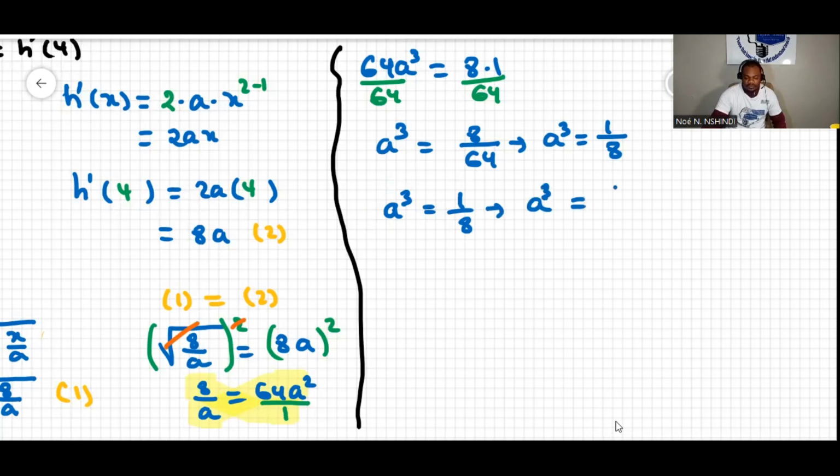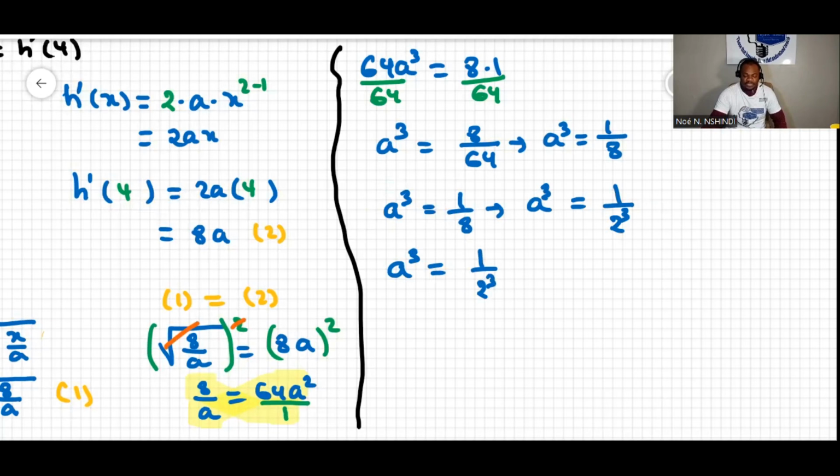In terms of prime factors, 8 is 2 to the power 3. So we can write a cubed equal to 1 over 2 to the power of 3, because 1 can be raised to any exponent.